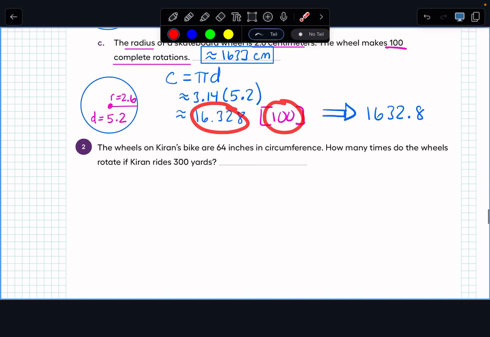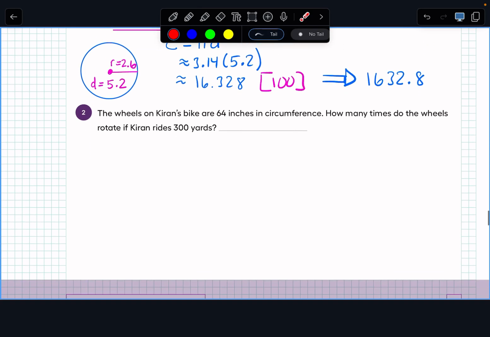All right, number 2. The wheels on Kieran's bike are 64 inches in circumference. How many times do the wheels rotate if Kieran rides 300 yards? Uh-oh, we got a little problem here because we have inches and we have yards. So the million-dollar question is, how many inches are in 1 yard?